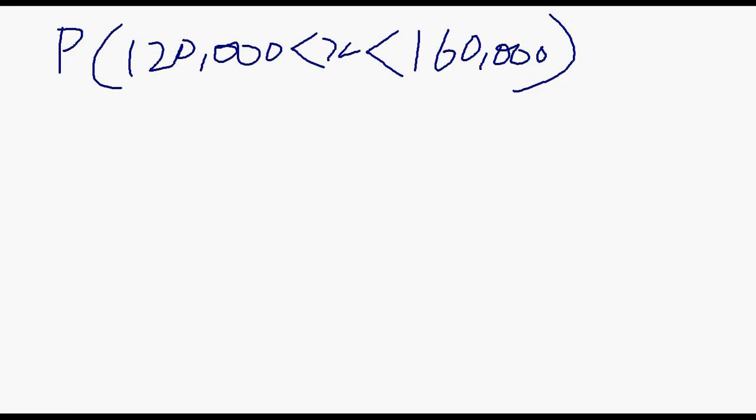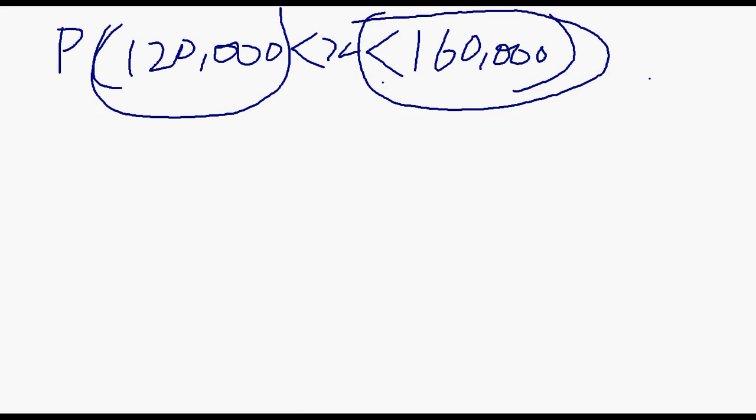So what we are going to do, as I always say, is bring this one to the first side, and then whatever we get for this on the Z table, we will come and take this one out of it.